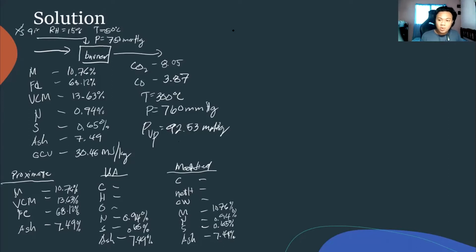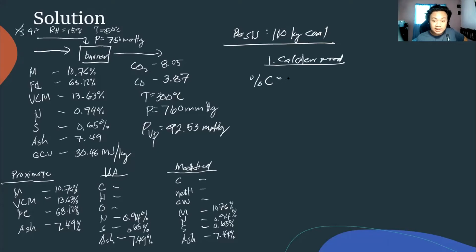So we have to get the percent carbon first. Our basis is still 100 kilograms of coal. We get the percent C by using the Calderwood equation, and you will get 75.94. I'm not going to write it out because it would take too long.